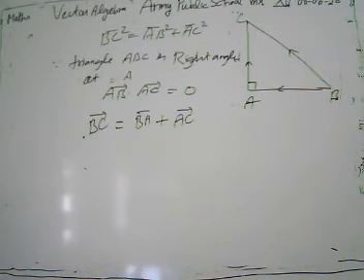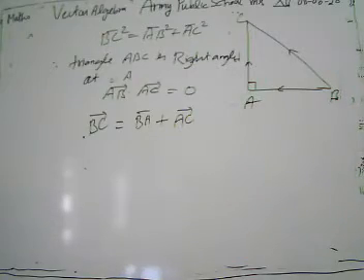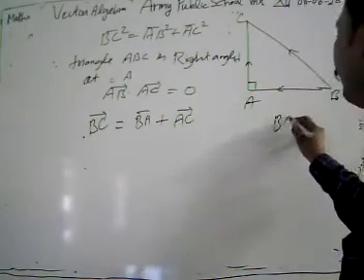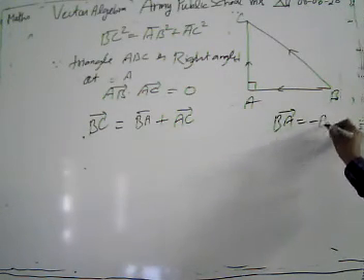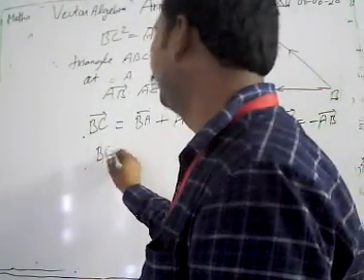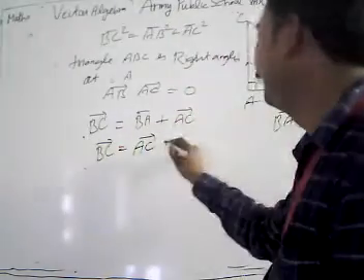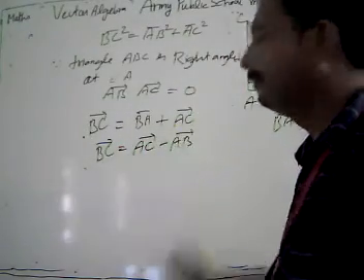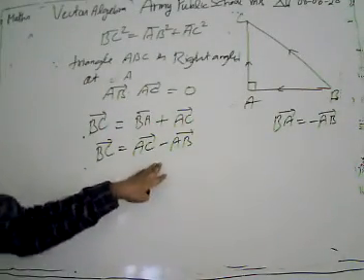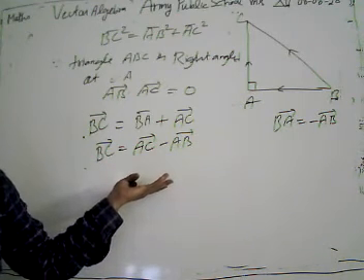Also, vector BA can be written as minus vector AB. Then we can represent BC as AC minus vector AB, which is the same by triangle law.